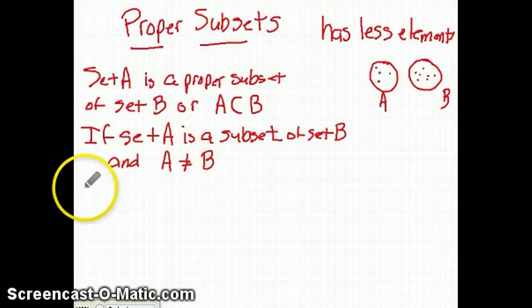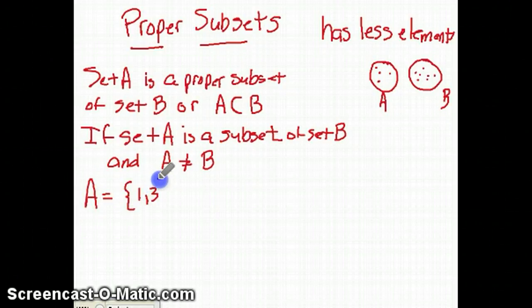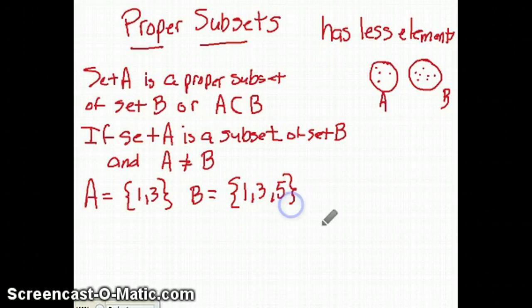All right, so Mr. Staples, give me an example so I know I'm on the same page. All right, here you go. A is 1, 3. B is 1, 3, 5. And I'm wanting to know what symbols you can put in here.